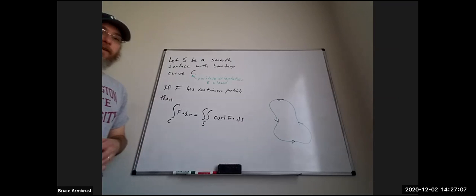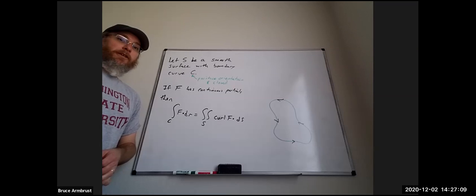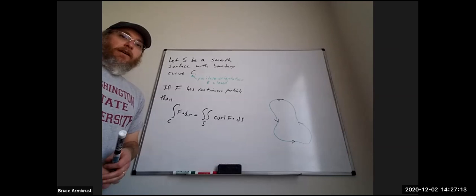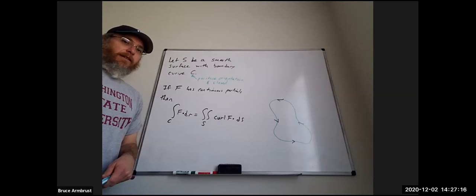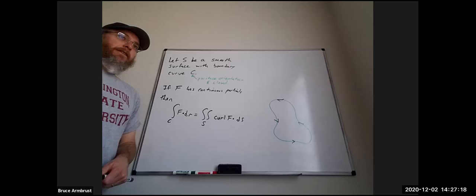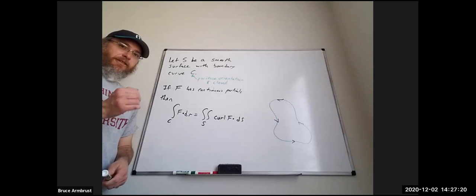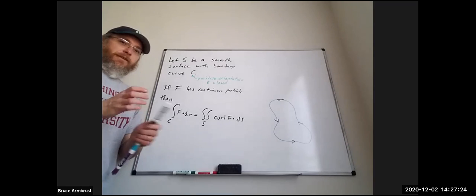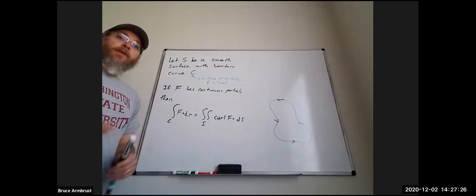All right, so this is another theorem I'm not going to prove to you, because the proof of this one is pretty gross. You can see it in the book. They kind of walk you through it. Basically, you break the surface up into a bunch of little chunks and look at the curl on all of them, and then you see that some of the curl cancels with other parts of the curl. And we're not going to go there.